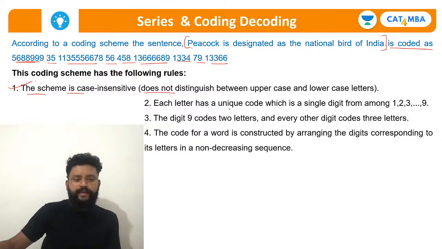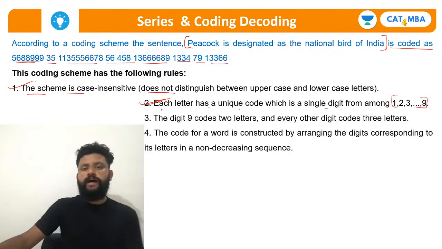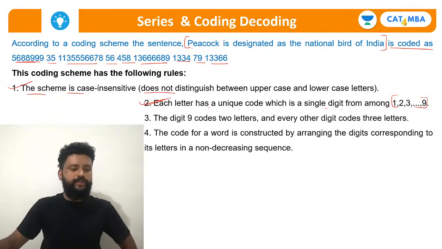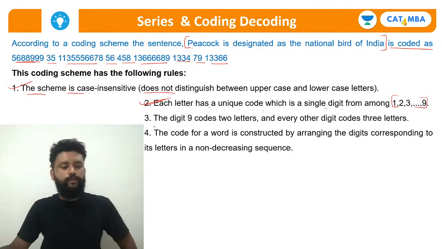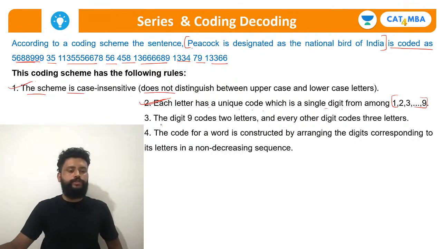Each letter has a unique code, which is a single digit from 1 to 9. This is the point you need to remember. Nicole, are you able to comprehend the information? Anyone? Please keep calm, go through all the points and try to connect the clues.